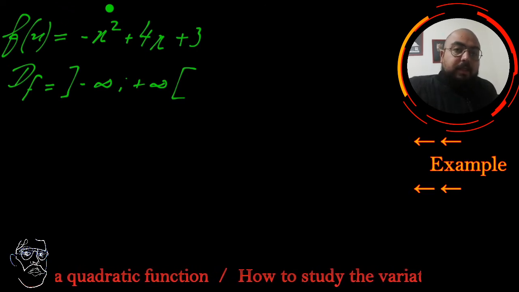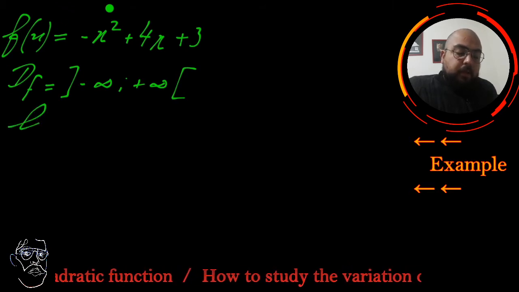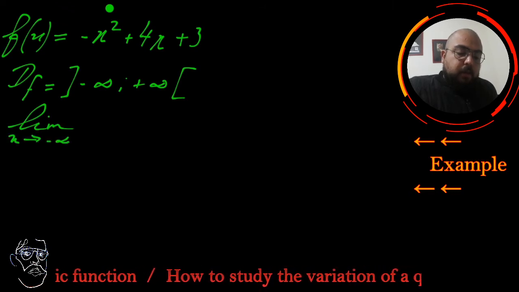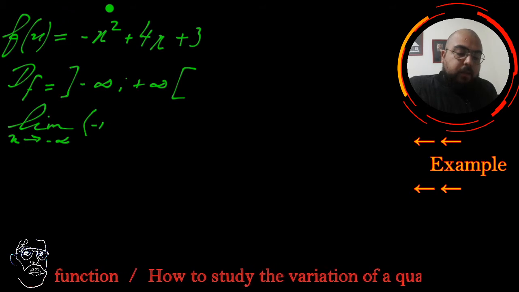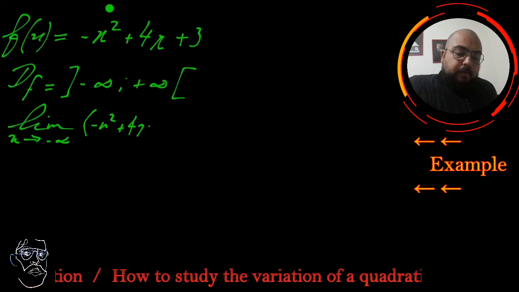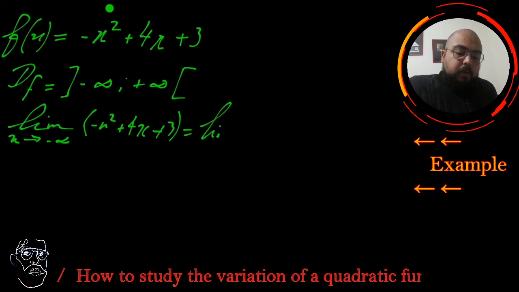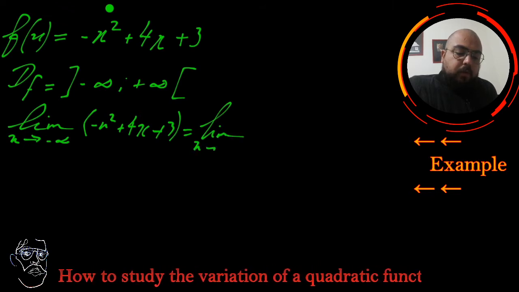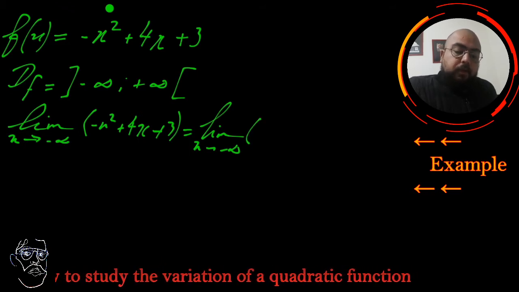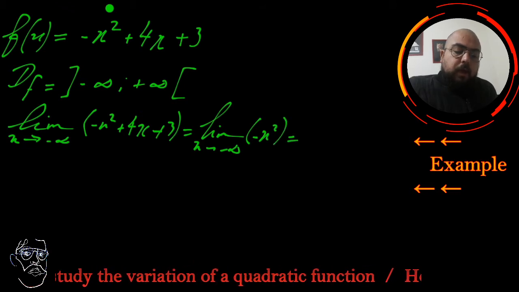As for the study, the second step, you should be considering the limits. So the limit of x tending towards minus infinity of your function, which is minus x squared plus 4x plus 3, is equal to the limit of x going to minus infinity of your monomial of highest degree, minus x squared, and then you will have to do the replacement.